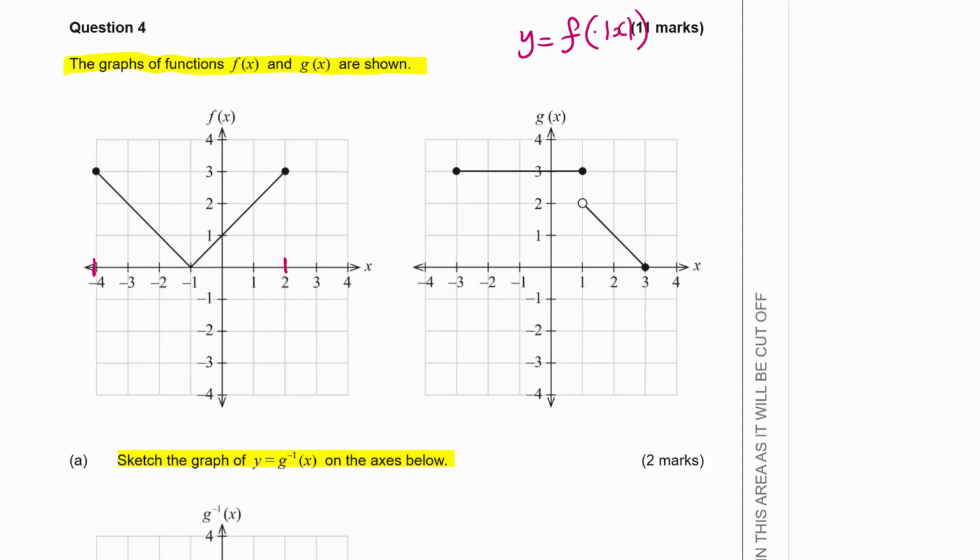If it's the negative here, we do the opposite of that. In other words, we're going to keep this stuff that's on the left, and then it's going to reflect across. So it's going to go like that, and it will go up to here. So it's going to look like that. And let's go and see what's the last part of this question.